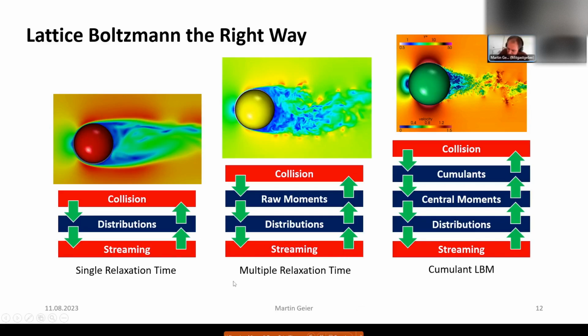Then there are moment-based multiple relaxation time methods that get a lot more. What you do here is you turn your distribution into moments and do the collision inside this moment space. And what we are doing here is using the Cumulant method, which is yet a little bit more complicated. We take central moments from the distribution, turn them into cumulants, do the collision, and then turn them back.